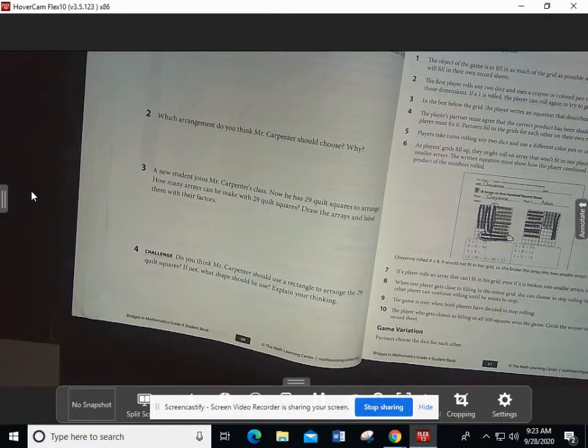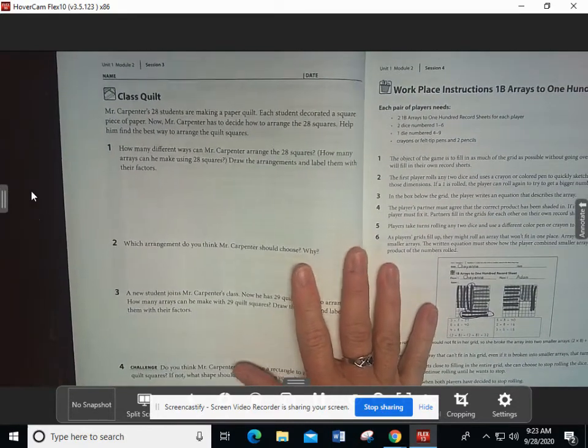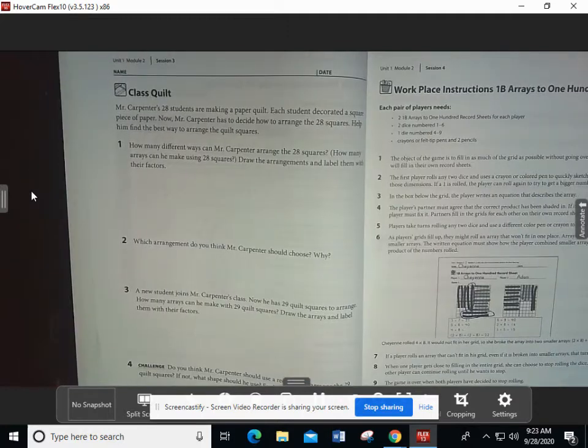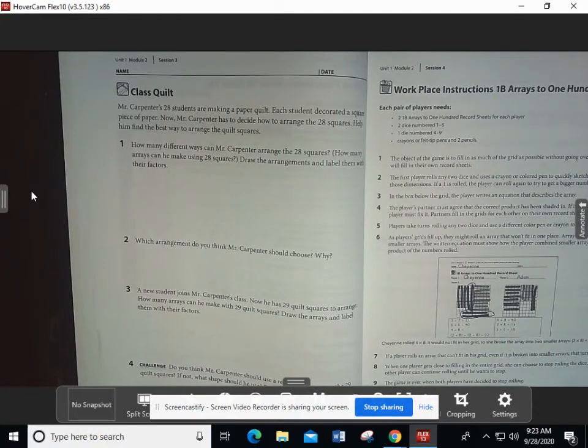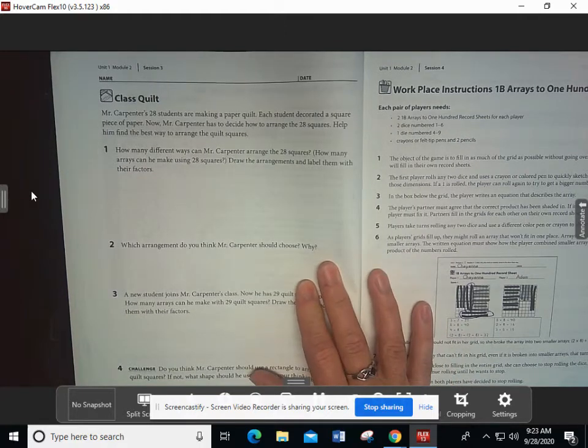But on tables, the students are going to make one array to follow along with the class quilt according to what our directions tell us. So it says Mr. Carpenter's 28 students are making a paper quilt. Each student decorated a square piece of paper.